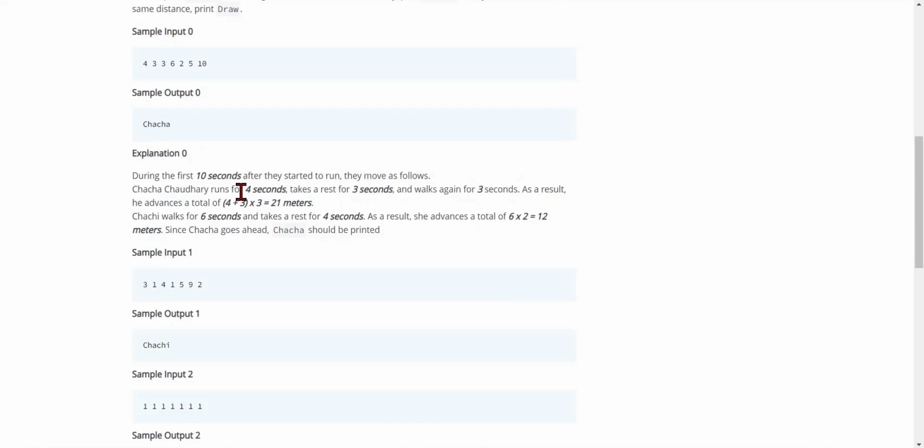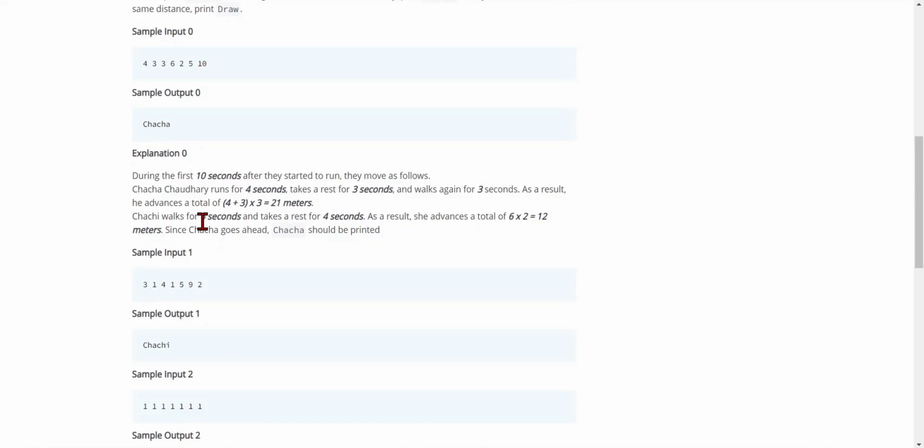In this total time of 10 seconds, Chacha runs only for these 4 seconds plus these 3 seconds. So the total time for which Chacha is running is 7 seconds, and the speed with which Chacha runs is 3 meters per second. So we have 7 into 3, which is 21 meters. The total distance covered till time equal to 10 seconds is 21 meters by Chacha.